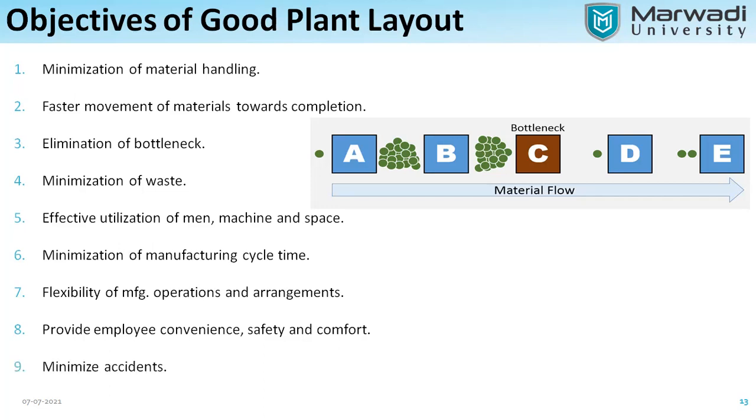Next is minimize the accidents. That is also very important. You should have all the safety gadgets associated with your process, because anytime anything can happen in your industry. It may be a fire outbreak, or an accident in the machinery or anything.